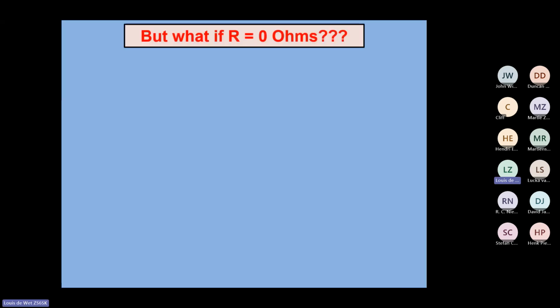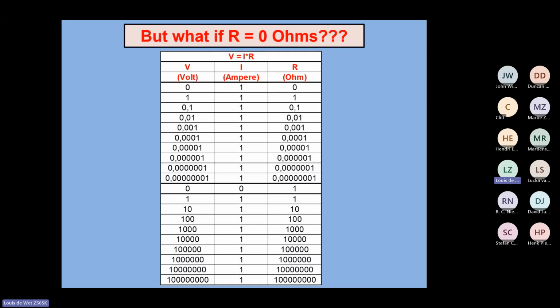Now the big question is, what if R equals 0 and you do your calculations? I was thinking about this, so I made a small spreadsheet. If you use Ohm's law strictly as it is, let's start at the second line.